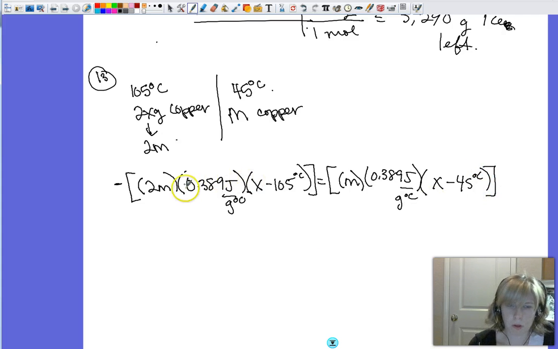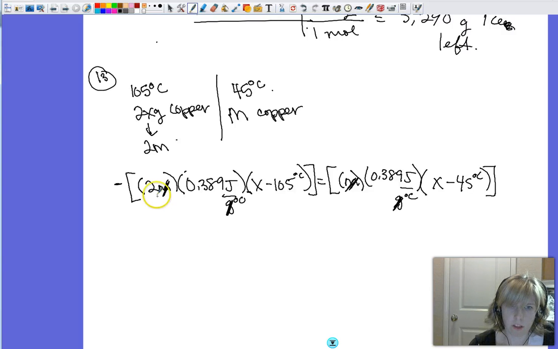So you may be wondering, what are we going to be doing with m and x? Well, this is 2 times the mass. The mass is in grams. So we can actually cancel out that grams with that grams, and this grams with this grams. And now we're just left with 2.